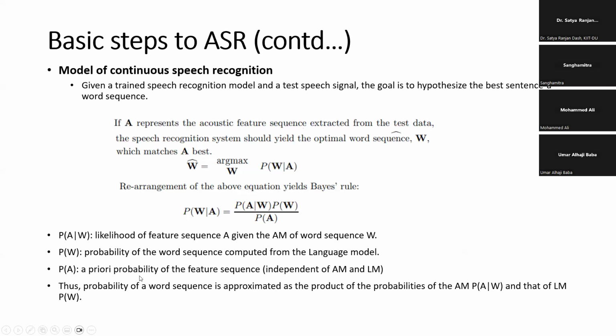This is a priori probability, that means it is considered to be true without being based on any previous experience or observation. So this is totally independent of the acoustic model or the language model. Finally, we can say that the probability of the word sequence can be approximated as the product of the probabilities of the acoustic model and the language model.